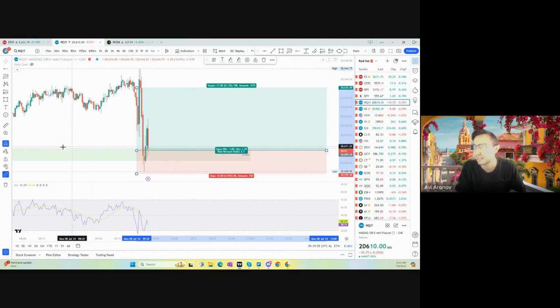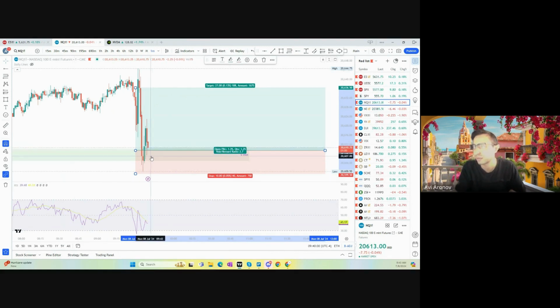I would enter here with one more, but I don't want to do that at the moment because I don't want to overtrade. What I should do, and it's something that I recommended as well: as it comes to this area and you're starting to be profitable, take one lot and then you can add this lot again here.